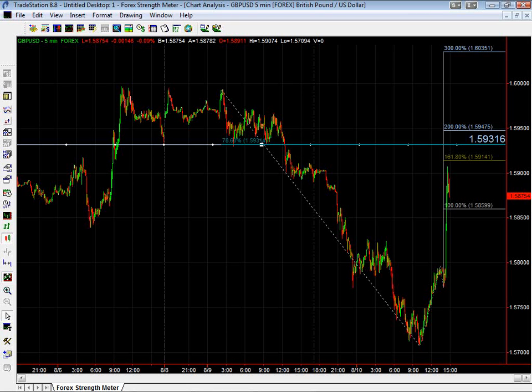On the 5-minute chart, I drew a Fibonacci retracement line, and my 78.6 retracement happened to be at the 1.5931-ish area, which is very close to what my entry level would be.